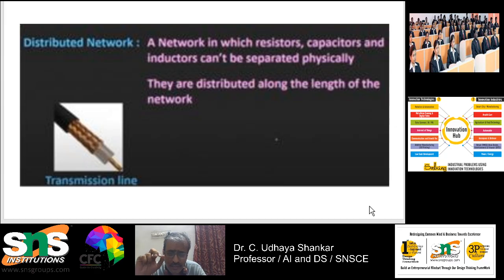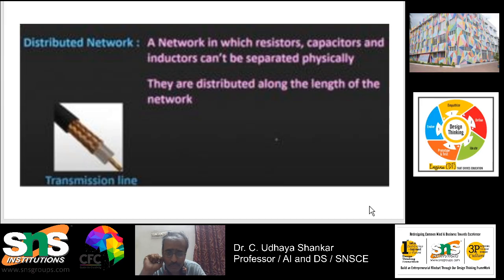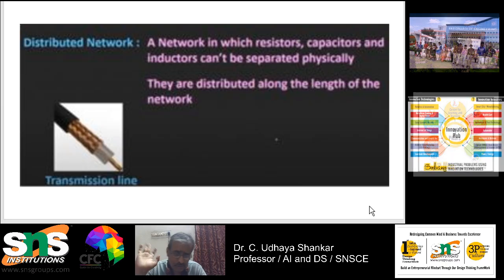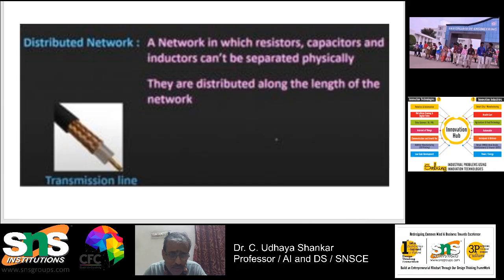That's why this network is called a distributed network. It can be a 100, 200, 500 or even 1000 kilometer transmission line; it is distributed throughout.